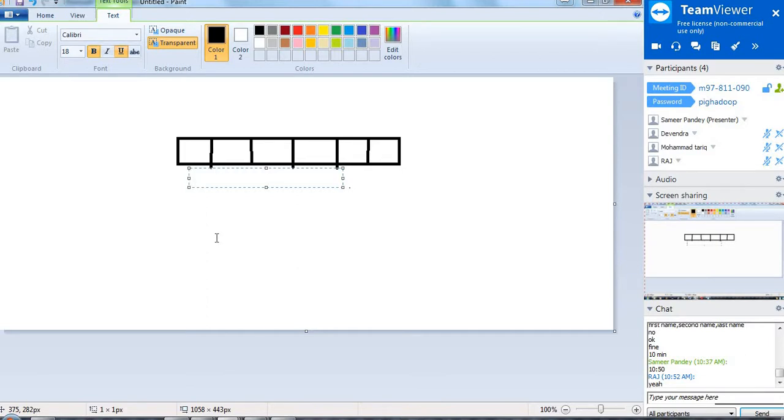If it is an integer data type and the address is 100, then the next address will be 102, then 104, then 106.